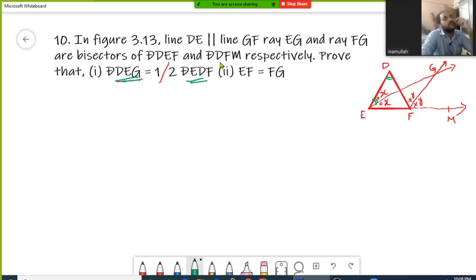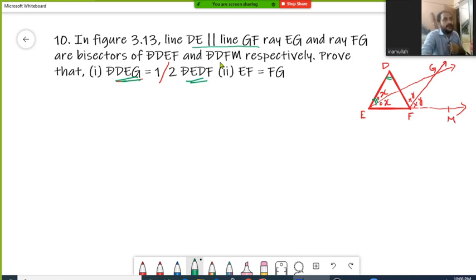What we can do in that case, we can say that this x is equal with this x, and since ED is parallel with FG, which is given, here I can consider this angle DEG.